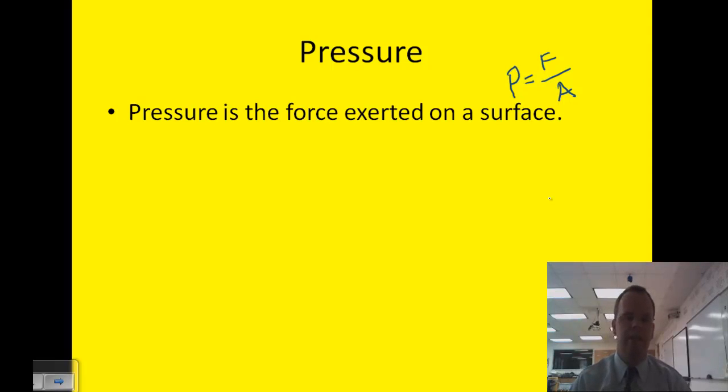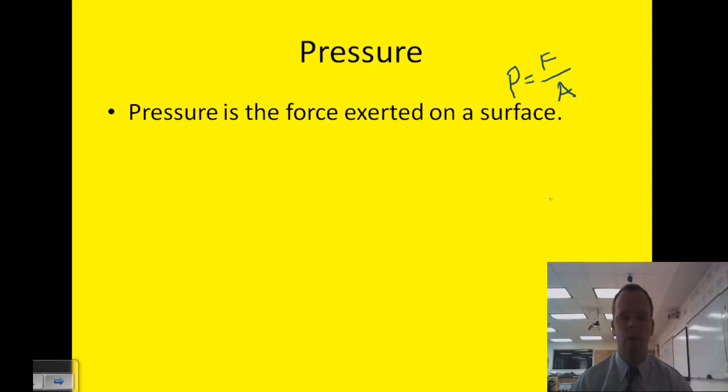One of the analogies or examples I like to use a lot is if you got stepped on by someone wearing normal shoes and the same person wearing cleats or high heels. You know intuitively that getting stepped on by the person with cleats or high heels would be a lot more painful. Each person is exerting the same amount of force down on your foot, assuming they step in the exact same way.